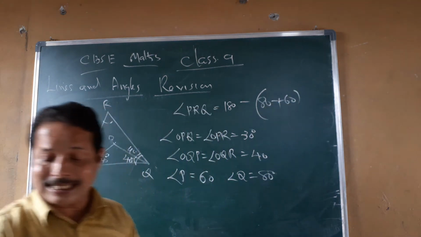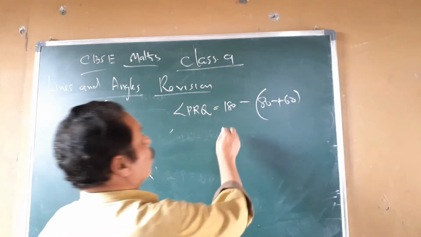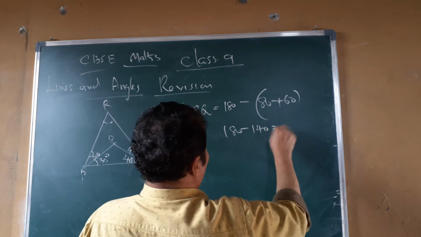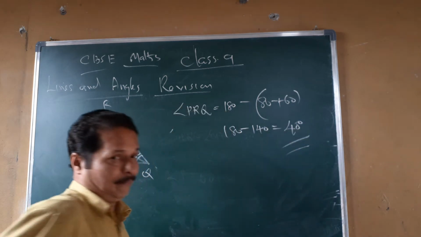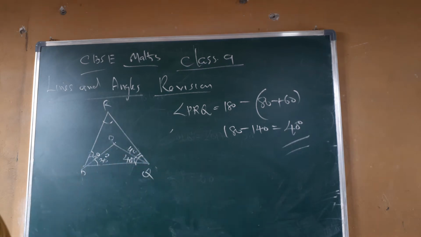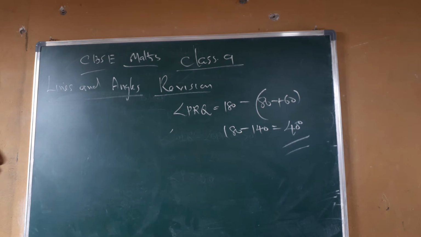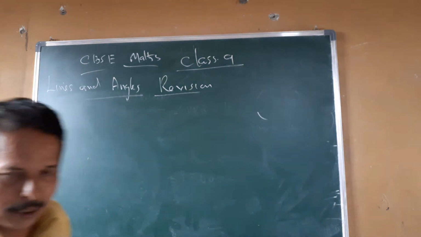So your last answer is 180 minus 140, so the final answer is 40 degrees. Angle bisectors mean these two angles are equal, these two angles are equal. So you get the third angle. You remember that problem?